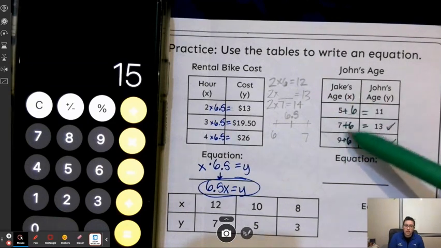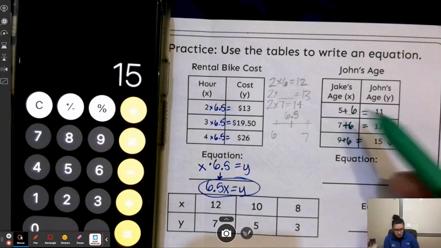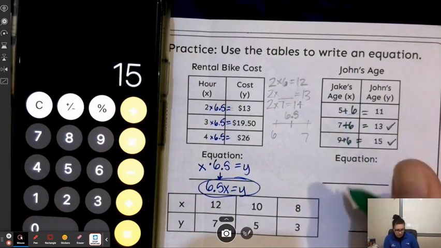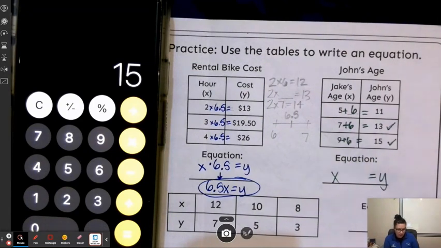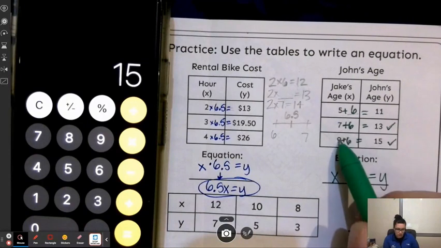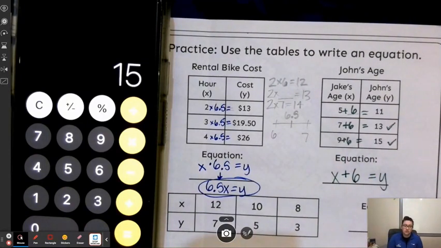What can we do to Jake's age to get John's age? Jake's age, x, what can we do to it to equal y, John's age? We took those x numbers and added 6, and that will give us John's age. Go ahead, pause the video, finish writing anything you need to on your own.